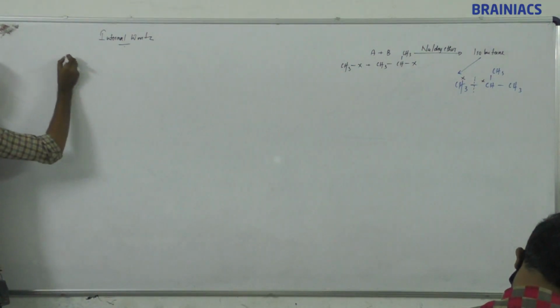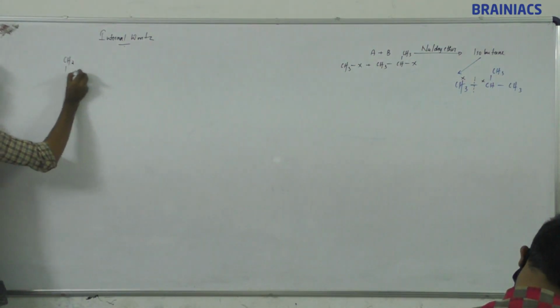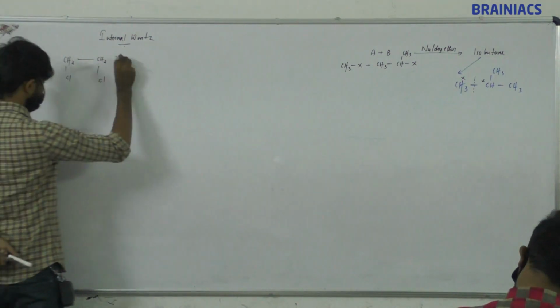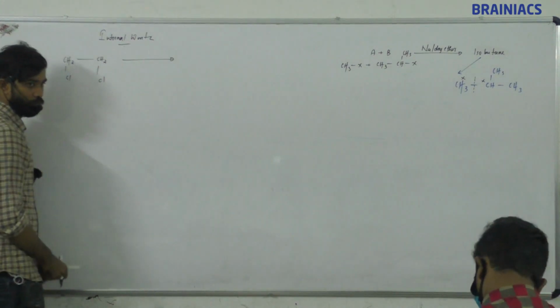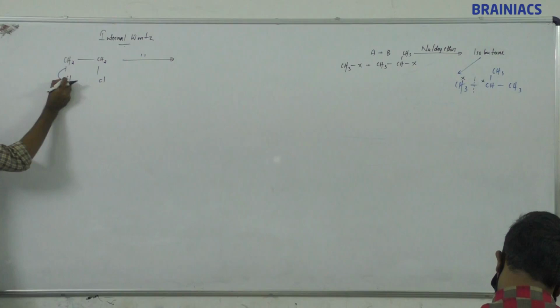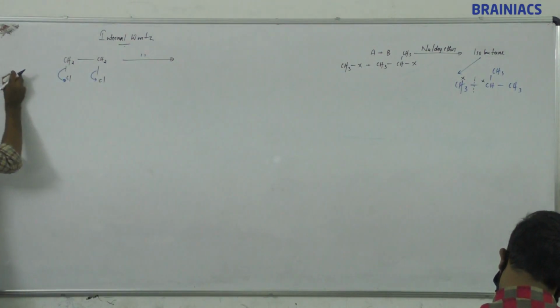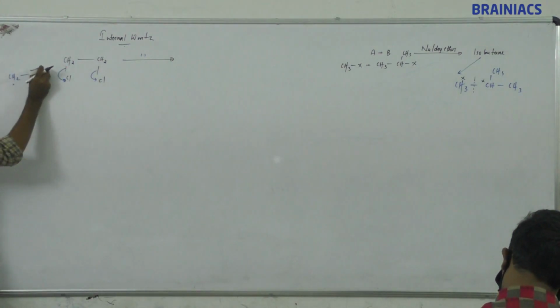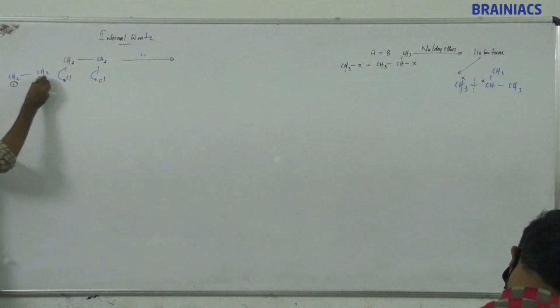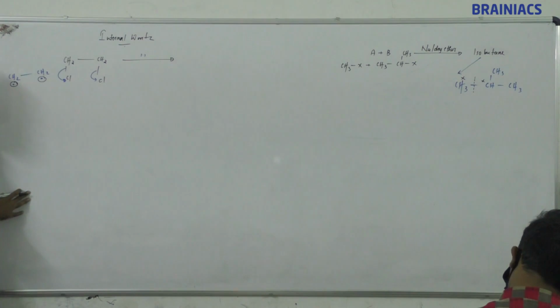Ready? Listen, CH2Cl, CH2Cl. This is a vicinal dichloride. If this undergoes a simple Wurtz reaction with sodium in ether, what happens? This chlorine is removed to form an ethylene free radical, agreed? This may be the free radical formed, right?